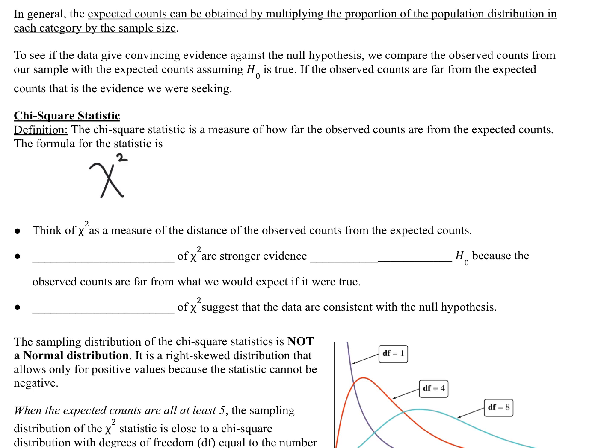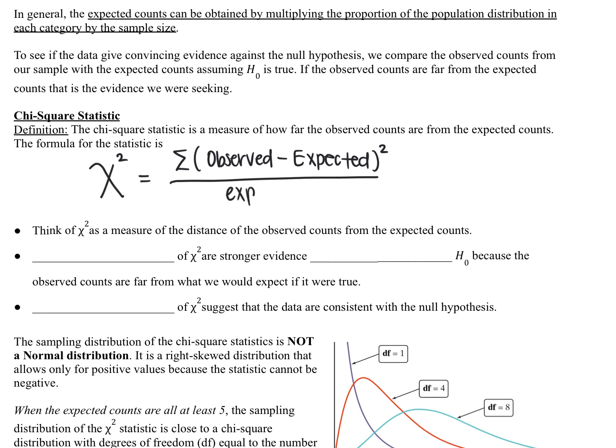We say chi-squared, our statistic, equals the sum of our observed minus our expected, squared, over our expected. You want to think of chi-squared as a measure of the distance of the observed counts from the expected counts.